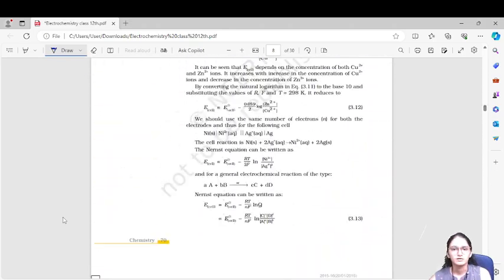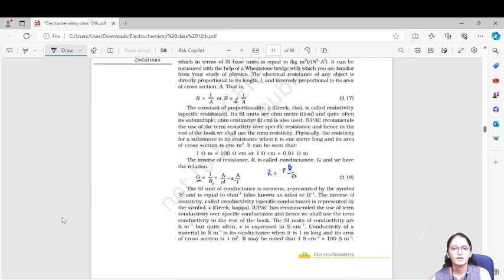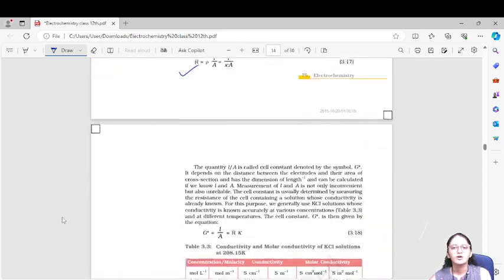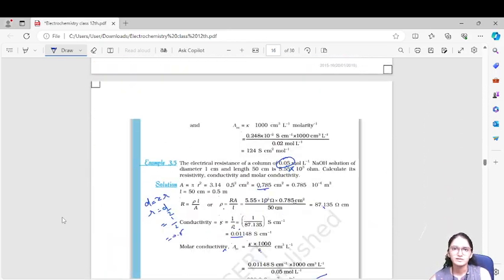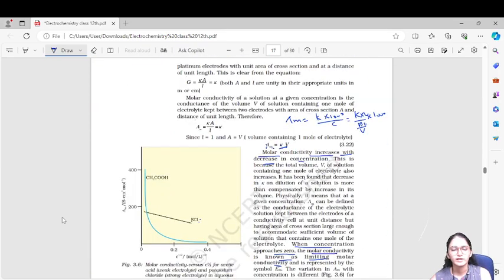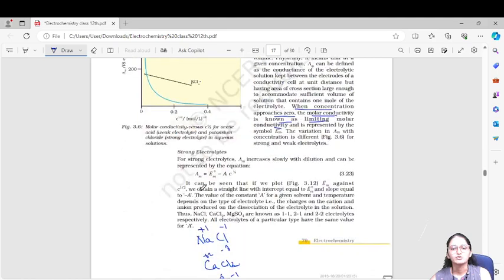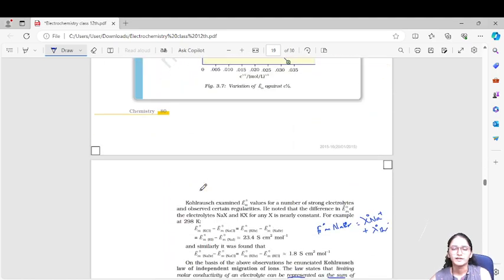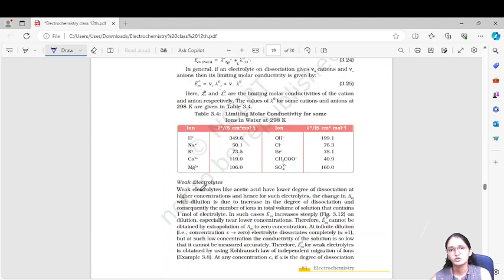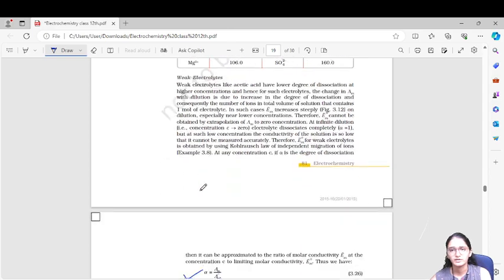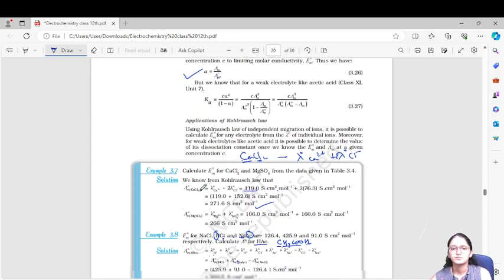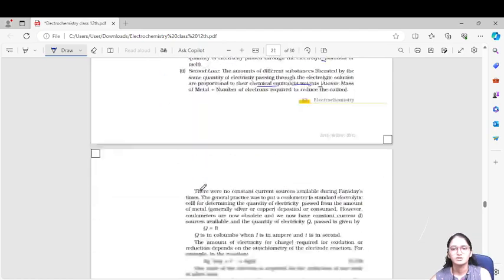Then reactions. Batteries, primary batteries and secondary batteries, their anode and cathode reactions, then variation of molar conductivity and conductivity with dilution. Kohlrausch law's definition is very important, and then its use and degree of dissociation.